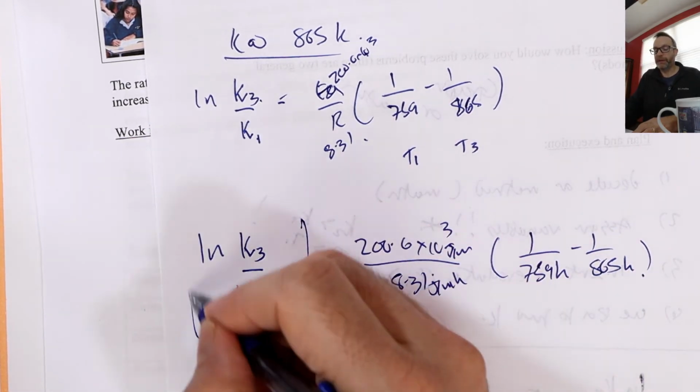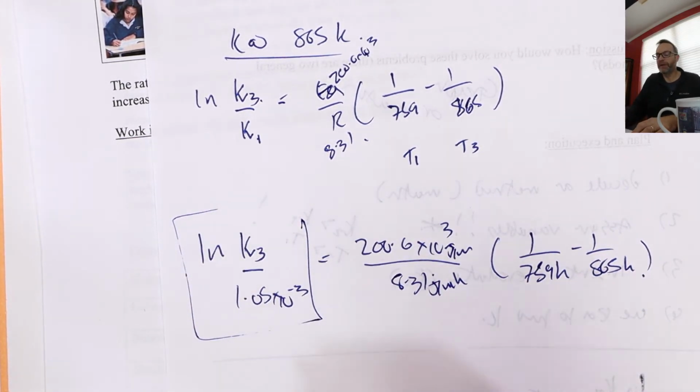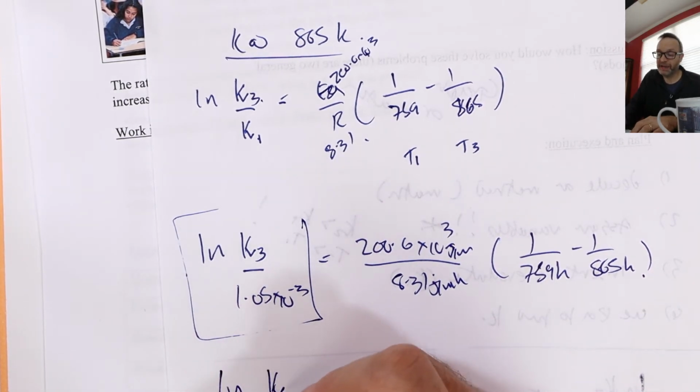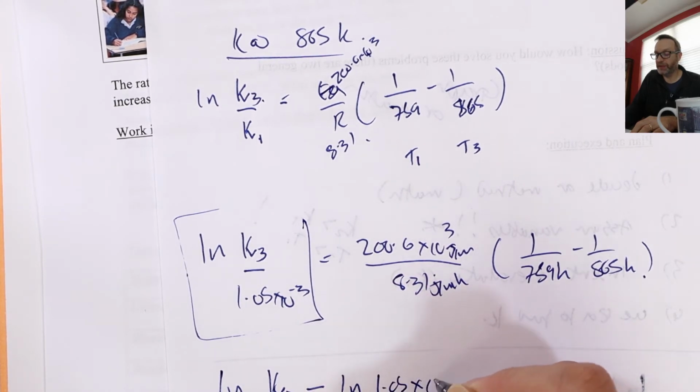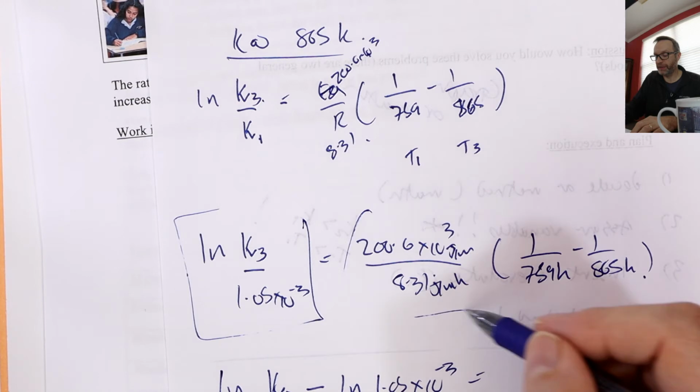Now, important, remember, logs divided are logs minus, right? So natural log of K3 minus natural log of 1.05 times 10 to the minus 3 equals all this, right?